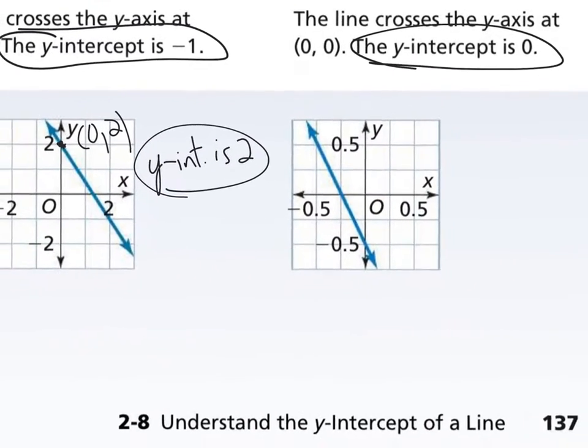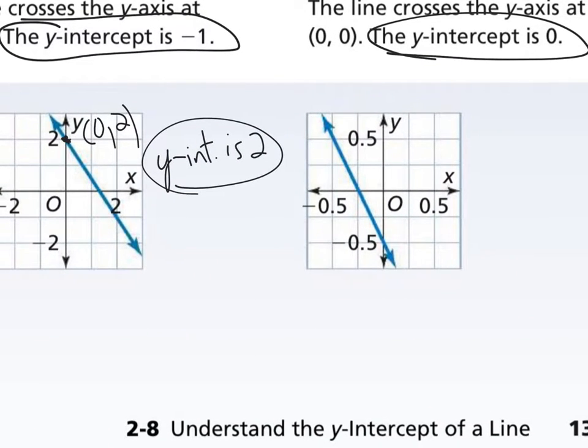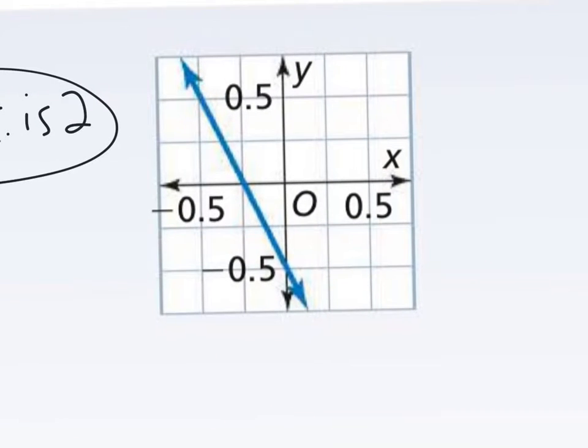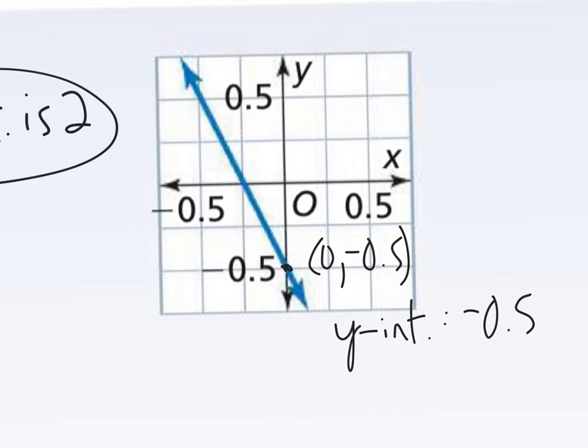And if we look at the second one, our second graph is hitting at (0, -5/10), so our y-intercept would be -5/10. So basically, if we know what y-intercept means, then we should be in good shape with these problems.